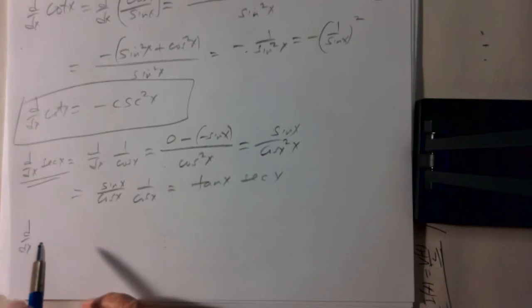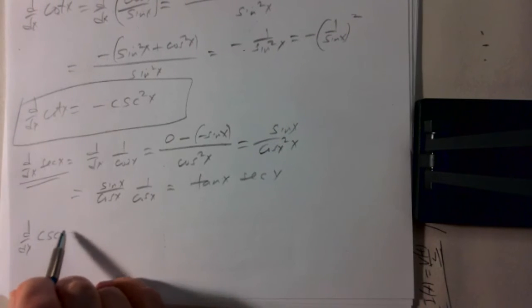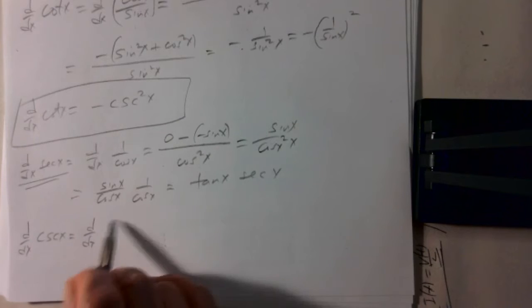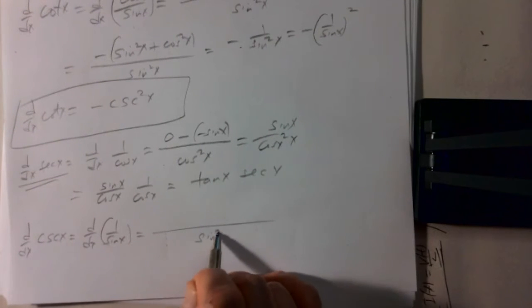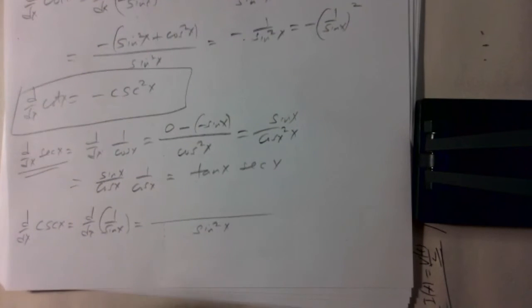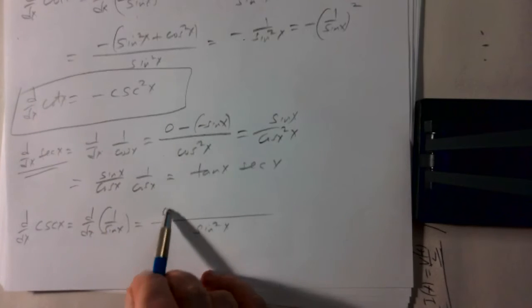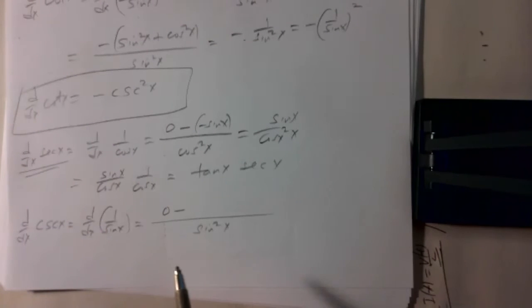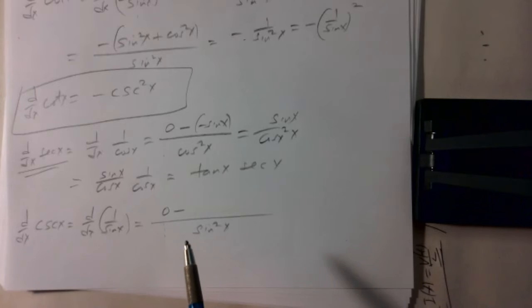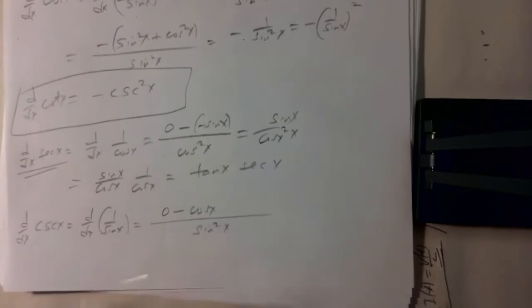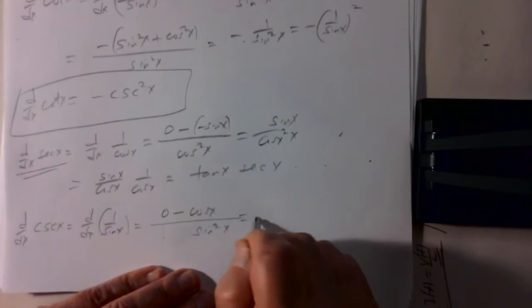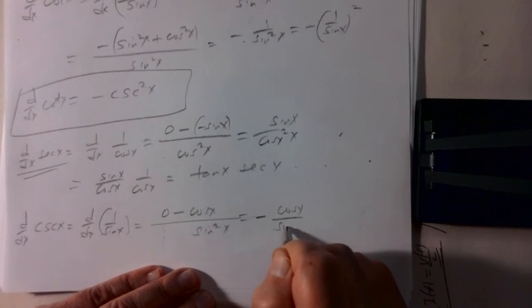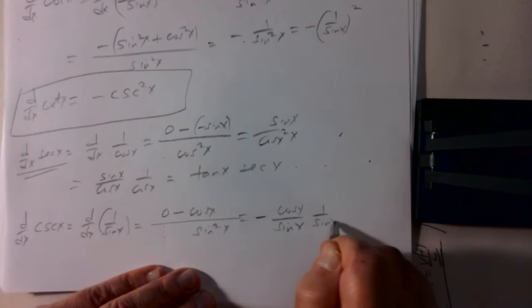Finally, the last and the sixth trig function is the cosecant of x. The cosecant is 1 over the sine. By the quotient rule, we get a sine squared x in the denominator. In the numerator, derivative of 1, which is 0, minus the derivative of the sine, which is the cosine. So what we have is minus cosine x over sine squared x, or sine x times sine x.